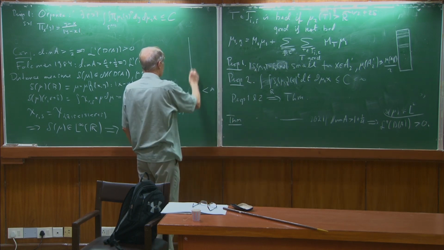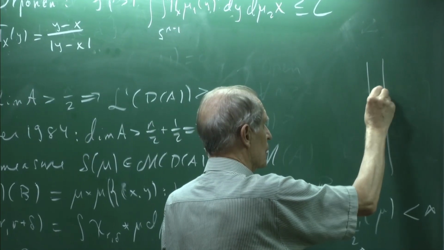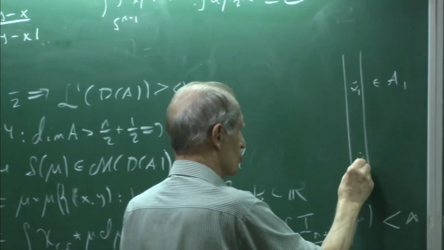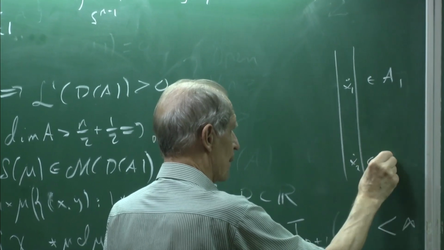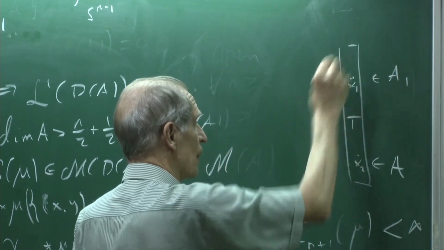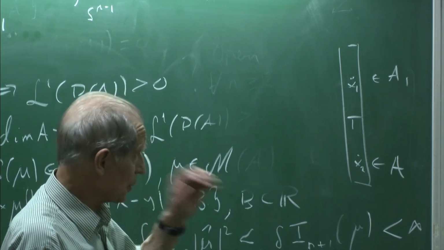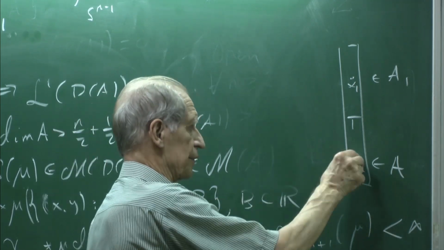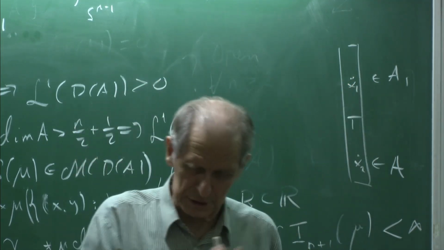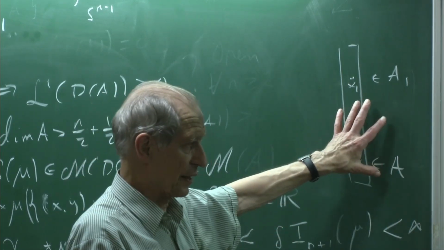And then if you have x1 here in A1 and x2 in A2, and they are in the same T, then this is bad. Because for this purpose you cannot use the fast decay.